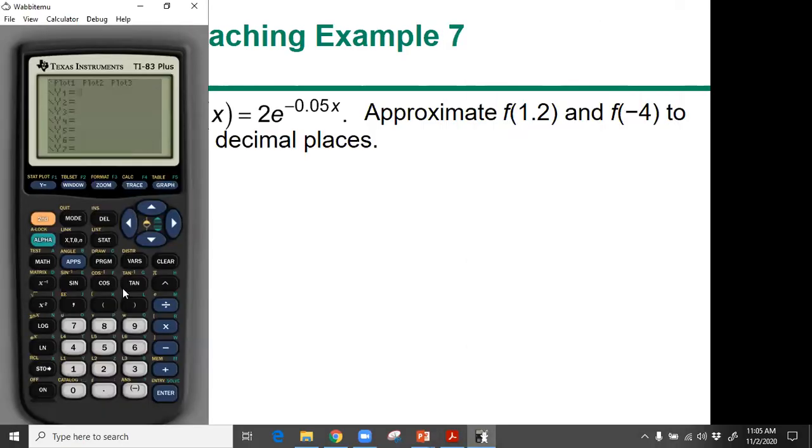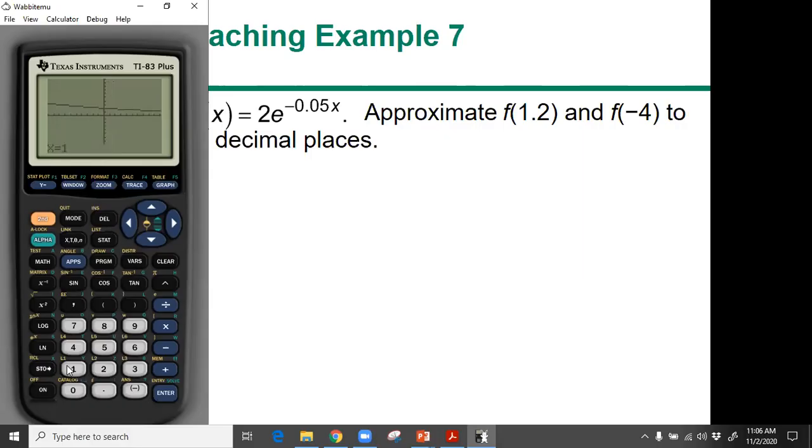so if I have y equals, and I'm going to put in 2, and I need second natural log e to the negative 0.05 x. And I hit graph. I either can analyze it from the graph or I can analyze it from the table. If I'm analyzing it from the graph, I hit second, trace, and I type in 1 where it says value, and I type in what it's asking me for.